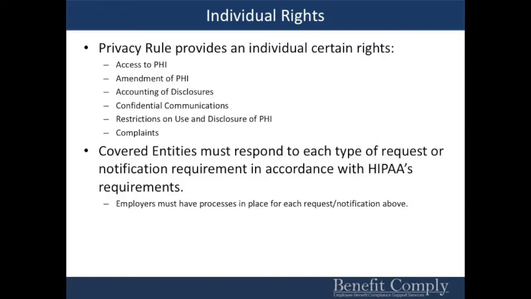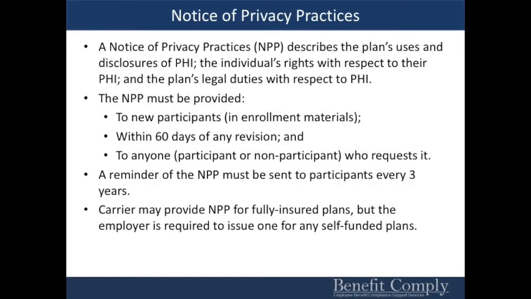These rights are communicated to individuals in the company's Notice of Privacy Practices, and companies must have processes in place to receive and respond to any requests to exercise these rights.